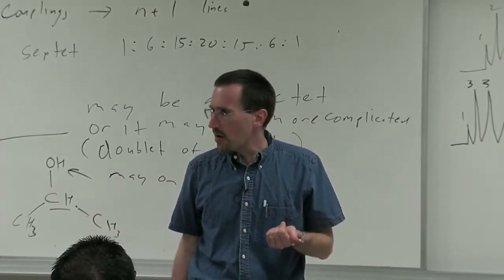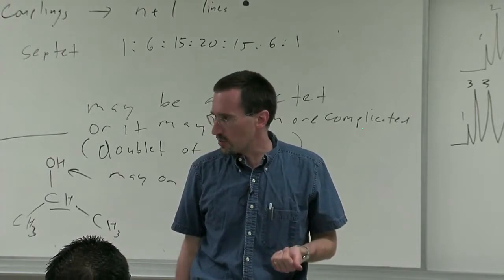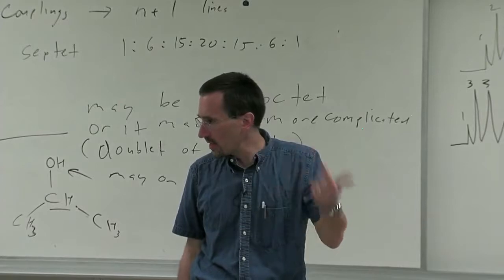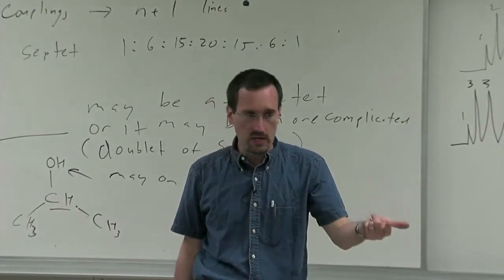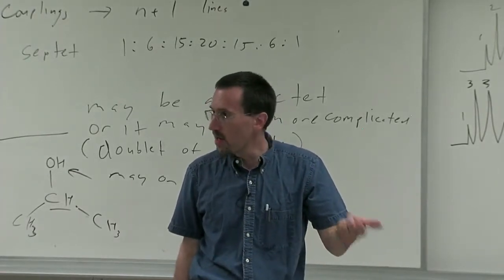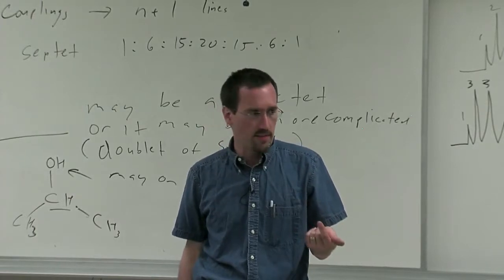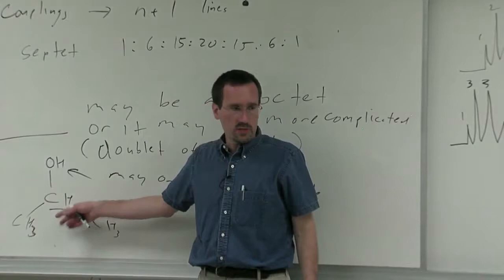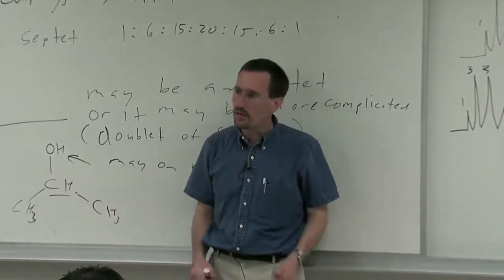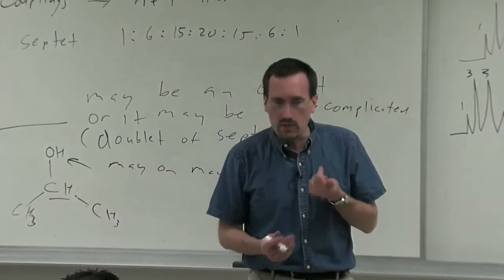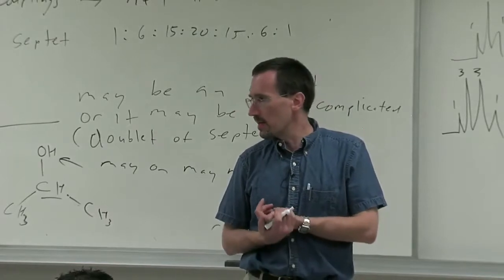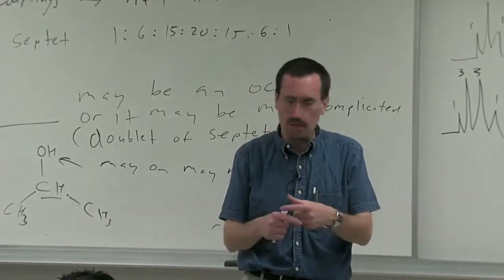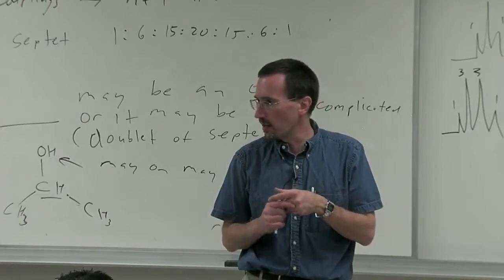Typically, primary alcohols often exchange rapidly. So an alcohol at the end of a CH2 chain, like you may have in the homework problem, usually will exchange rapidly. Secondary alcohols sometimes do, sometimes don't. They're more sterically hindered. The rate of exchange is going to depend on a number of factors, including the concentration of the sample, because the molecules can exchange by colliding.